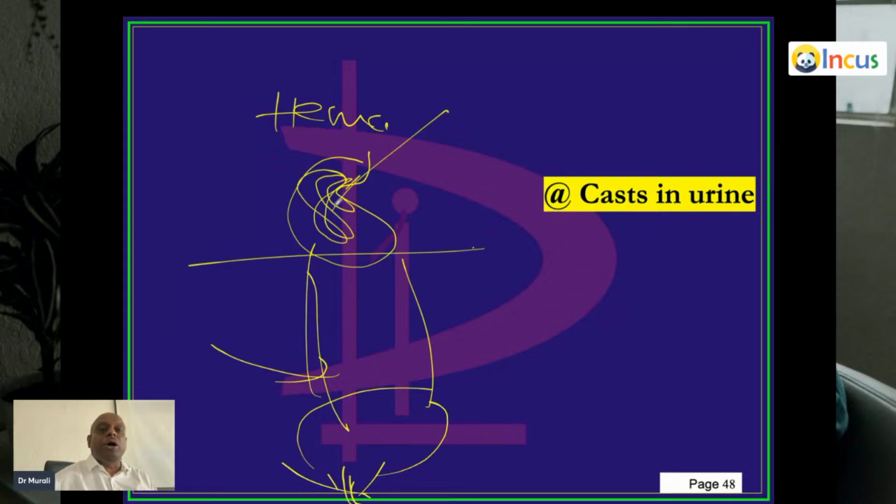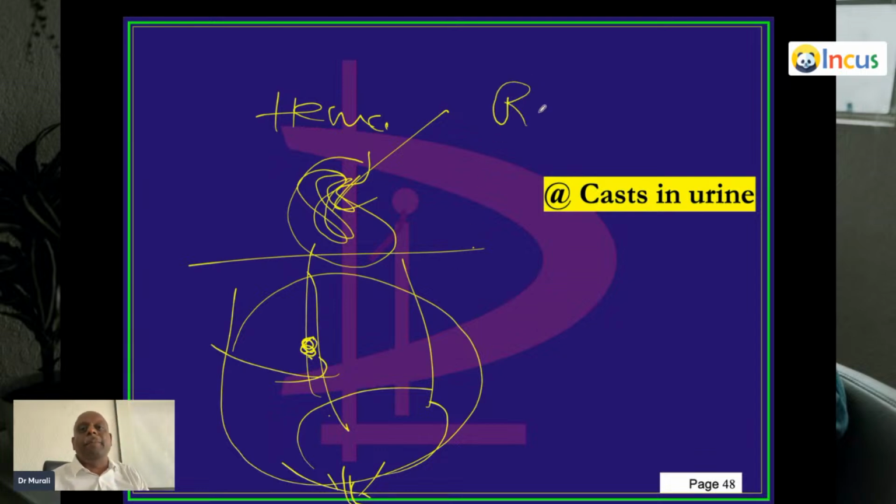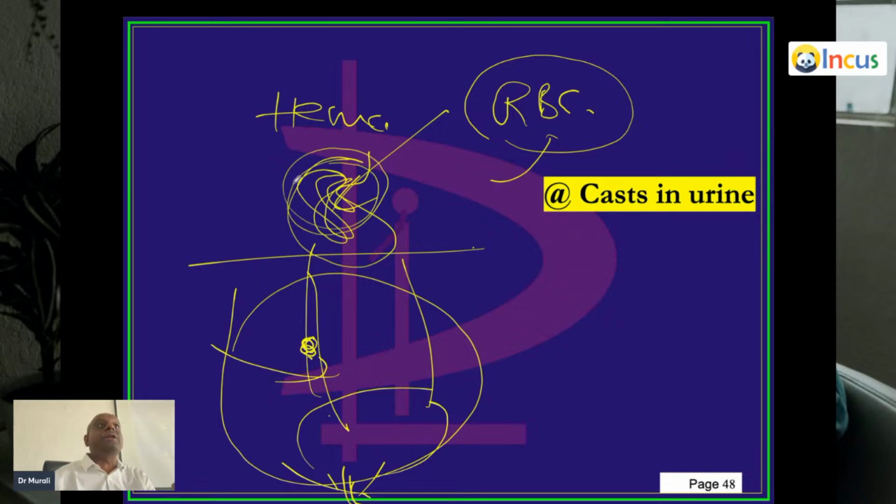Up to the glomerulus you call the upper urinary tract, and below that the lower urinary tract. Any bleeding from the lower urinary tract will lead to biconcave disc-shaped RBCs, which are the normal shape, whereas anything originating from glomerular pathology will lead to dysmorphic RBCs.